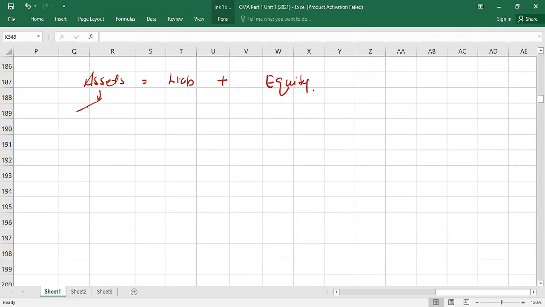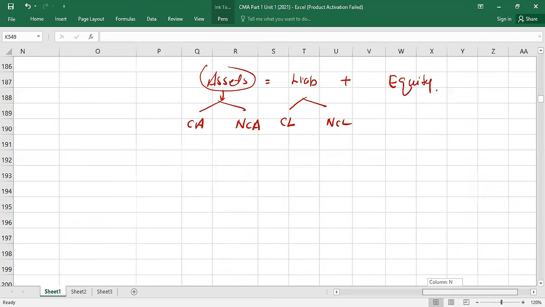Assets has two types: current assets and non-current assets. Same here, liabilities has two types: current liabilities and non-current liabilities. First, understand this. Let me start first: what is the definition of asset? Then we will move to what the current assets and non-current assets are. Then we will move to the liability side. So here we go, I'm going to start with the asset definition.